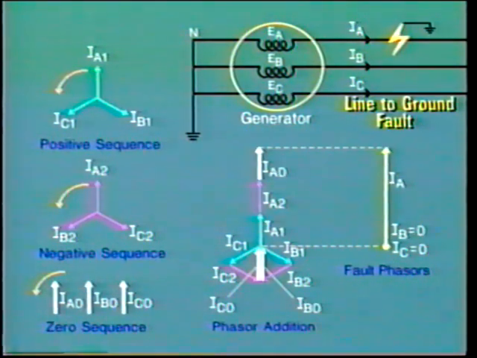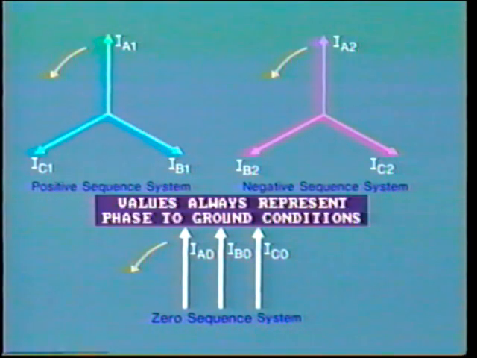In a phase-to-ground fault, the total current into the fault equals 3I0. I0 equals I1 equals I2. And 8. When dealing with symmetrical components, values always represent phase-to-ground conditions.